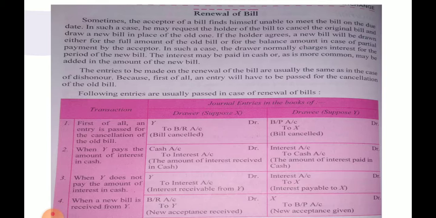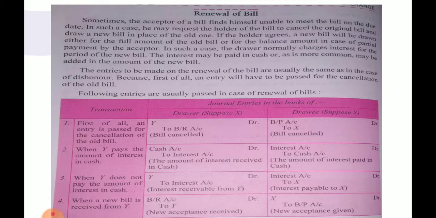If the holder agrees, a new bill will be drawn either for the full amount of the old bill or for the balance amount in case of partial payment by the acceptor. In such a case, the drawer normally charges interest for the period of the new bill, and the interest may be paid in cash or, as is more common, may be added to the amount of the new bill.